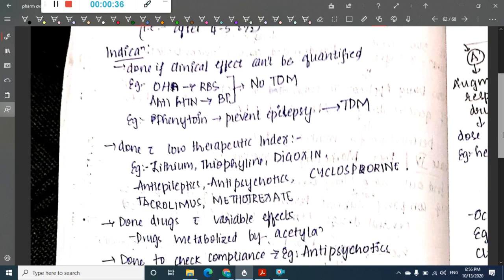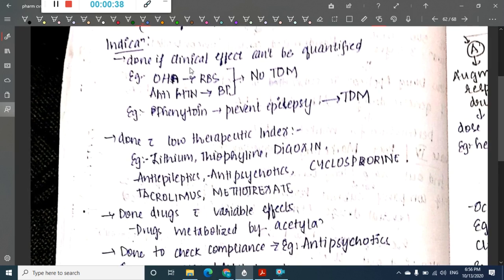So what are the indications? We will see the indications. Therapeutic drug monitoring is done if the clinical effect is not quantified. That means, for example, if oral hypoglycemic agents are given, you can monitor them with the help of random blood sugar levels.